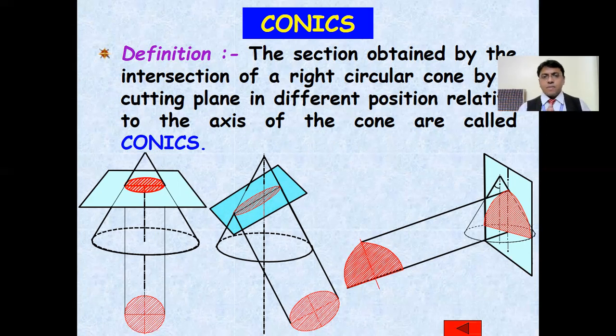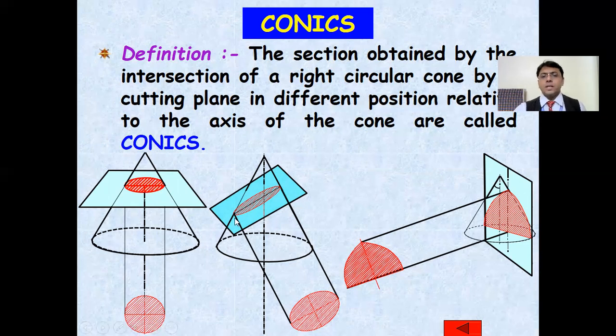Suppose we have a cone and a cutting plane which cuts that cone parallel to the base. The outcome of that cut surface is going to be a circle. It is shown clearly here in the top view of this section, that the circle is the outcome of the cutting surface from the cone when the cutting plane cuts parallel to the base.